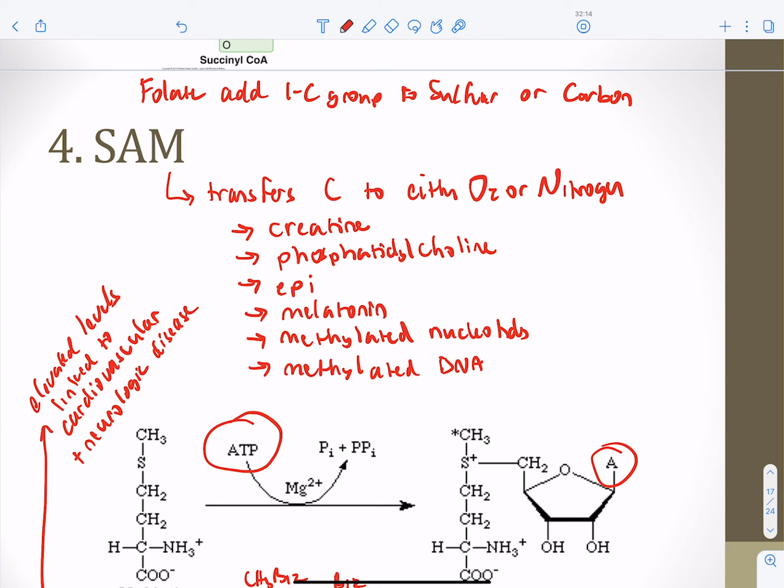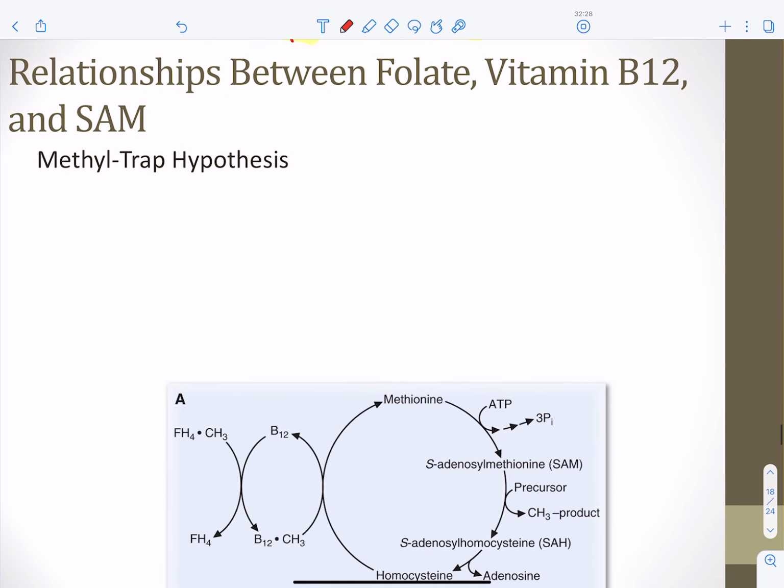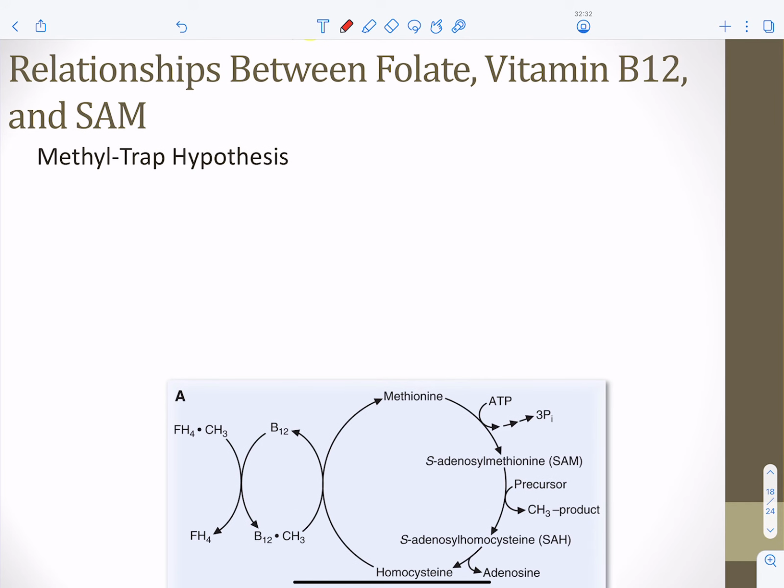And so the homocysteine portion of methionine is the essential portion. However, there's no good dietary source of homocysteine, whereas methionine is plentiful in the diet, so that's why methionine is essential. Now, the relationships between folate, vitamin B12, and SAM at this point hopefully is very clear.